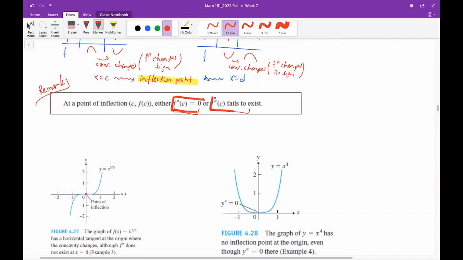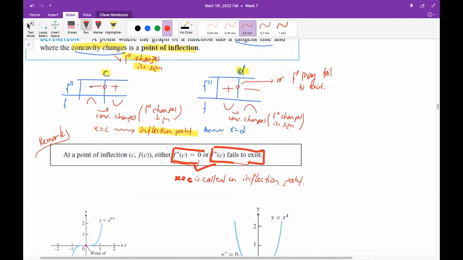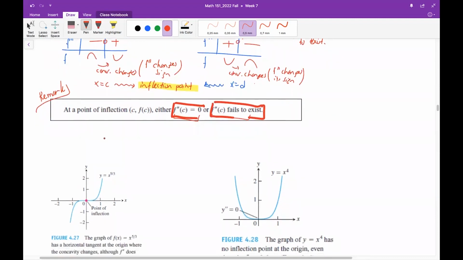If the second derivative is 0 or fails to exist, then that point x equals c is called an inflection point, as long as the second derivative changes its sign, okay? So let me write it in a better way. X equals c is an inflection point.